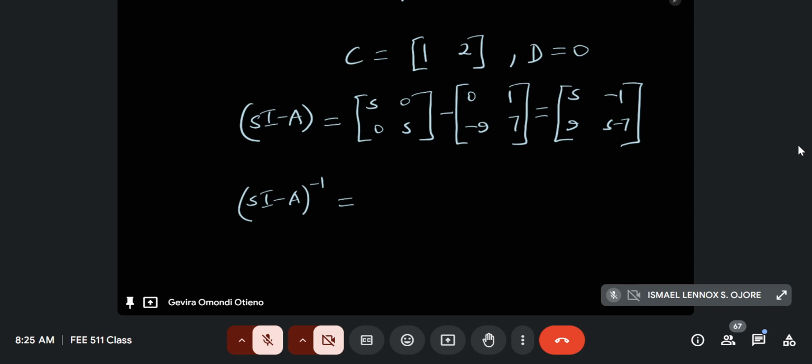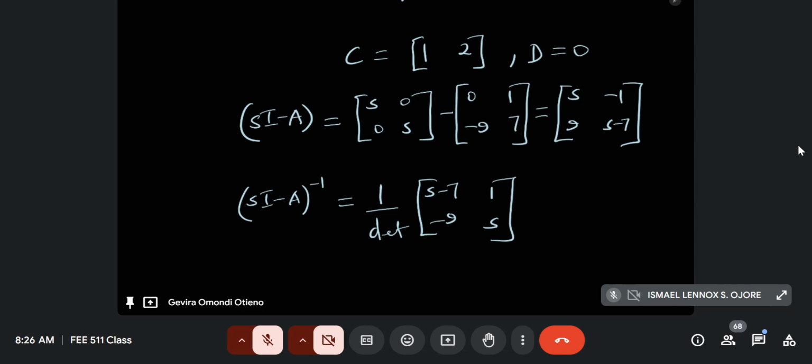For a 2 by 2 matrix, I know the easiest one is to get 1 over the determinant. Then I interchange the elements in the leading diagonal. So I should have S minus 7, and I have S. Change the signs here, minus 9, and I change this to 1. I can't teach you how to obtain the inverse of a matrix. That's not really my work right now.